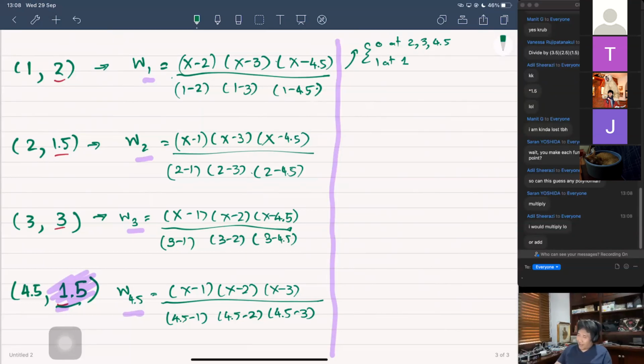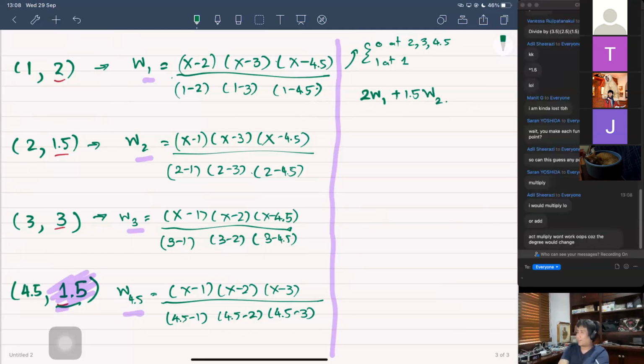So let's take 2W1 plus 1.5 W2. Let's look at this first before we add the 4 terms. Before we do the 4 terms, let's look at this polynomial. Y is 2W1x plus 1.5 W2x.